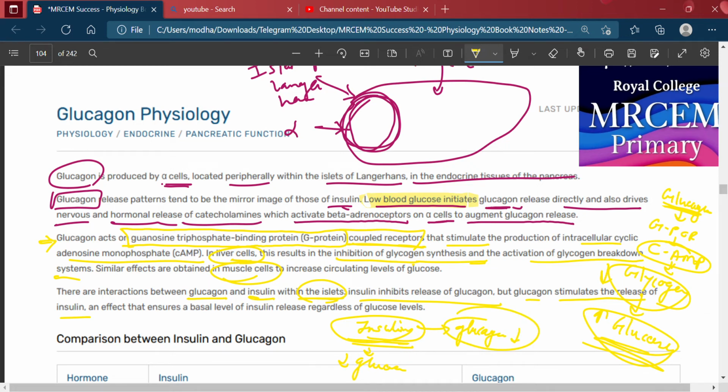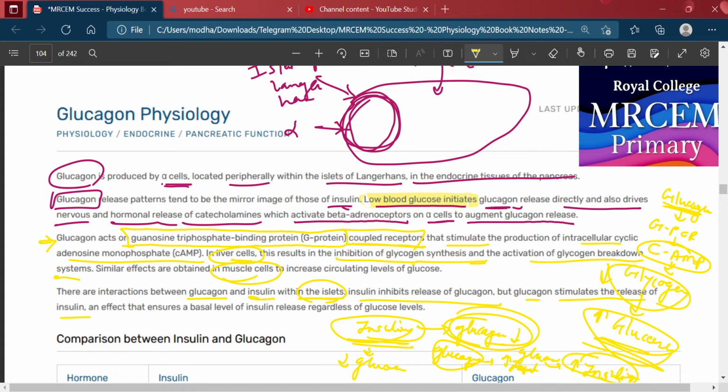But as glucagon increases, because it increases the production of glucose, it will increase the synthesis of insulin.